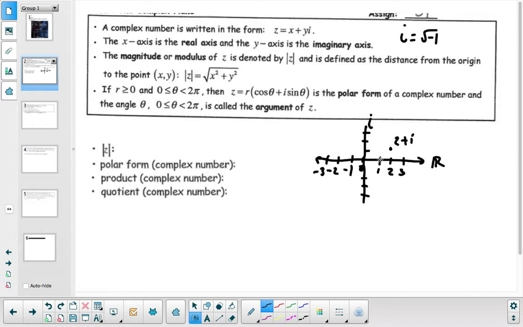So we have an imaginary portion, and it kind of looks like an XY graph, which means that we can use polar coordinates, or the idea of polar coordinates.